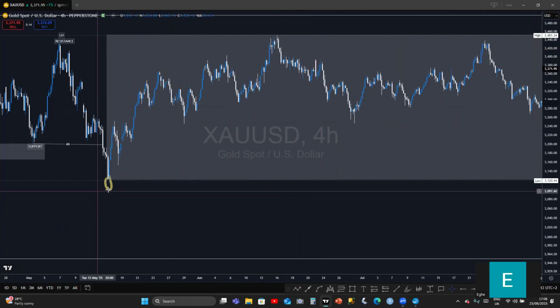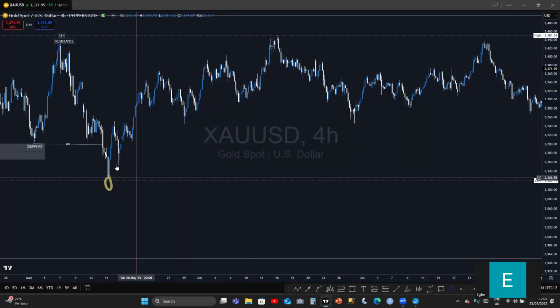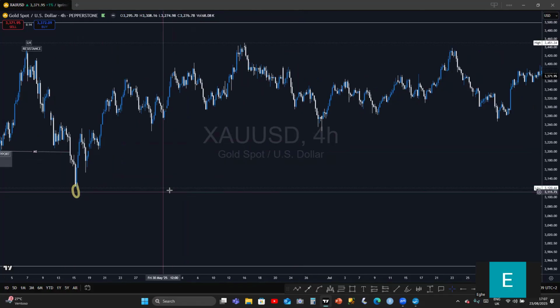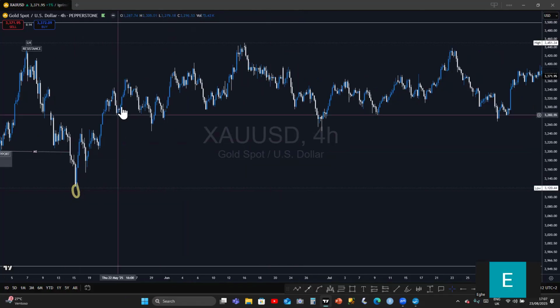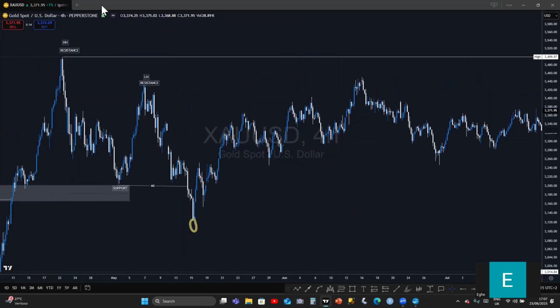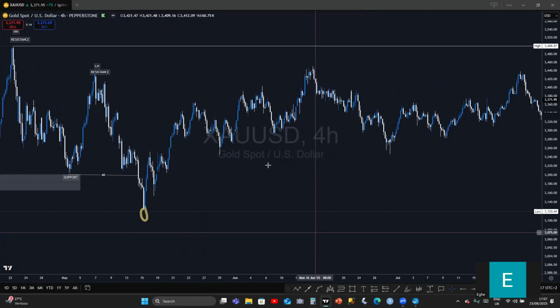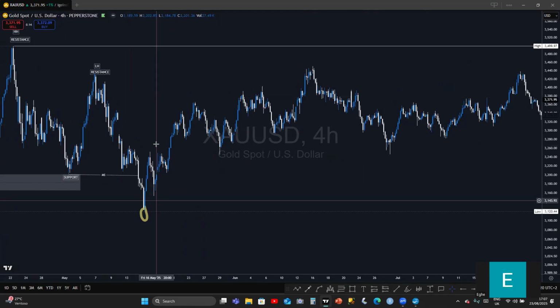You understand? This low here, this is the price that gave us all this move. This is where it originated from. Now we have to start analyzing this point. So from this point, we see internally, inside the daily time frame, there is the 4-hour time frame.